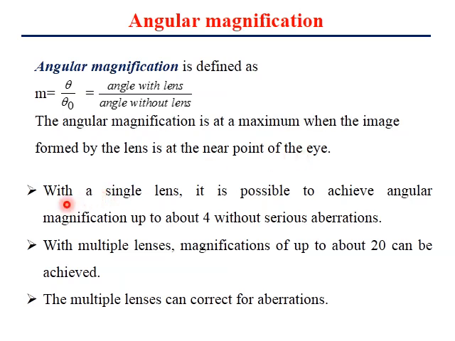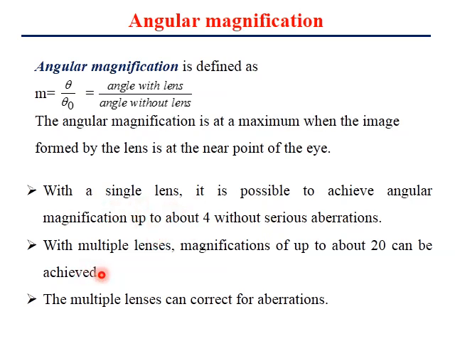Fine. Now when a single lens is used, up to how much angular magnification is it possible to achieve? With a single lens, we can achieve a magnification up to about 4 without serious aberrations. You can have more than 4 also, but then there would be aberrations involved, which is not desirable. But this is for a single lens.